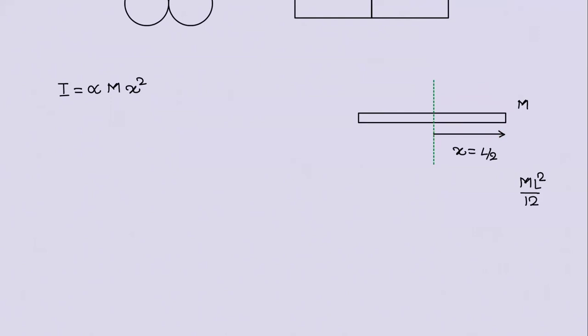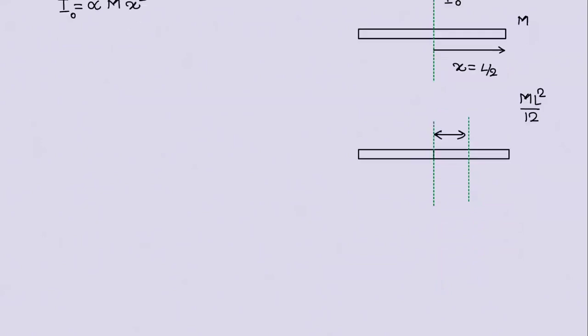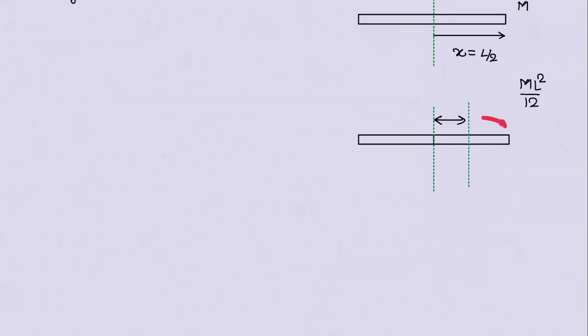Now I'm going to take this rod as a combination of two pieces, one piece like this, two pieces, right? Let us consider the moment of inertia of the whole rod about the center is I naught. Now concentrate here. What is the moment of inertia of one piece? Focus only on this piece.